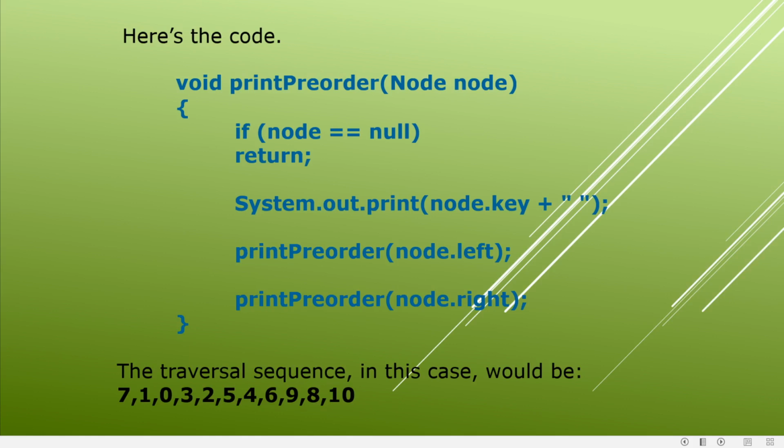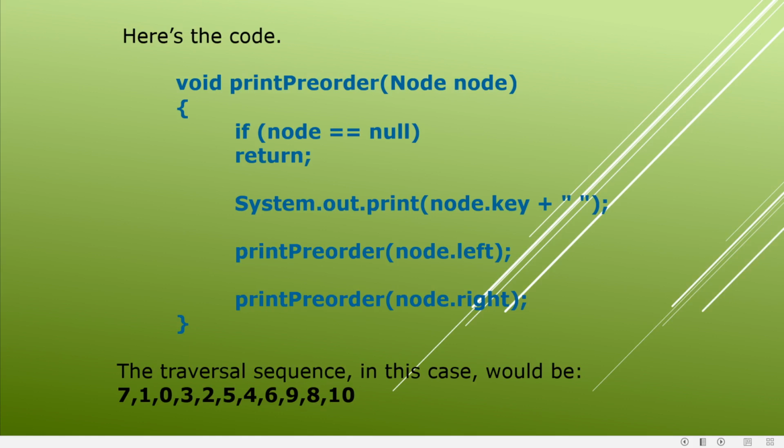If there exists a node, then it will print that node. Later it will call the left subtree, then right subtree. So it will print the node value, then call the preorder method for the left subtree, and then call the preorder method for the right subtree.